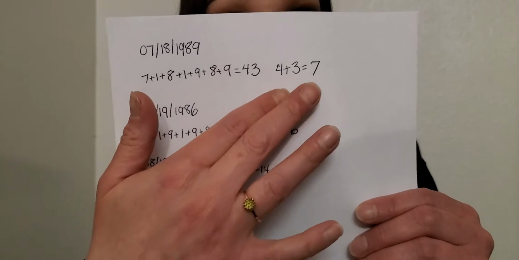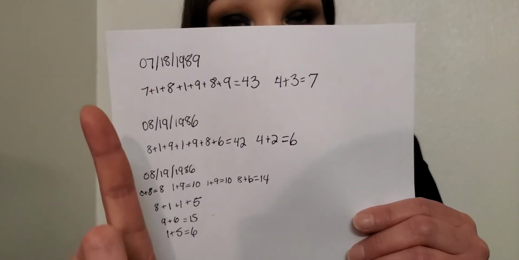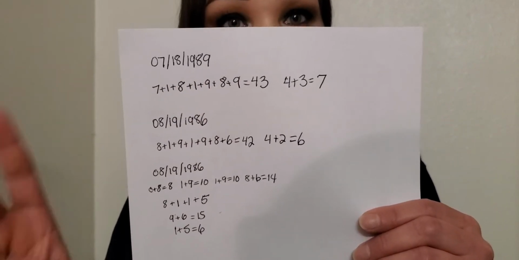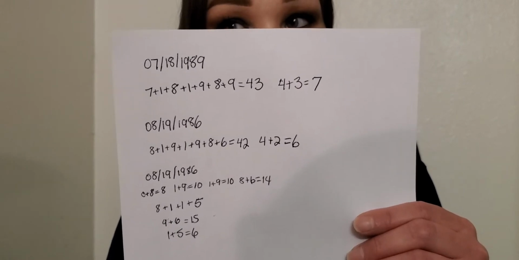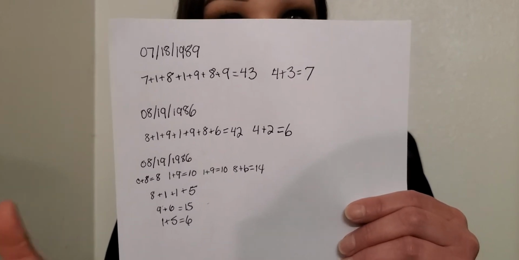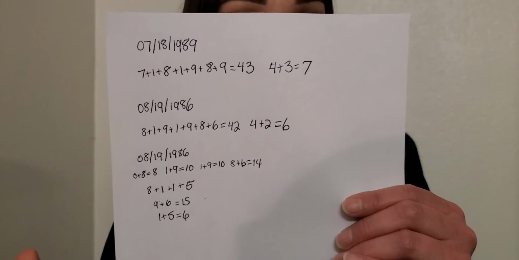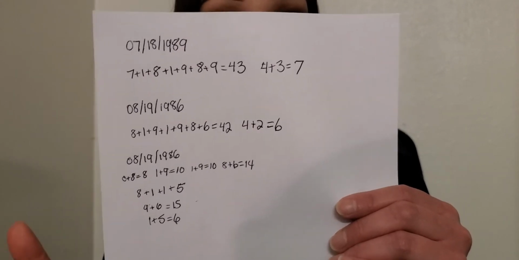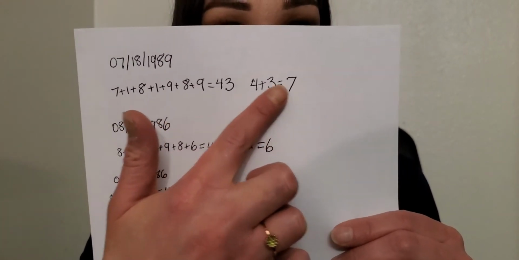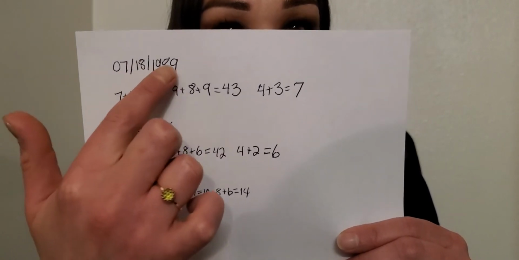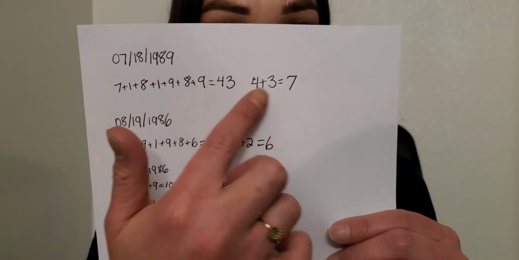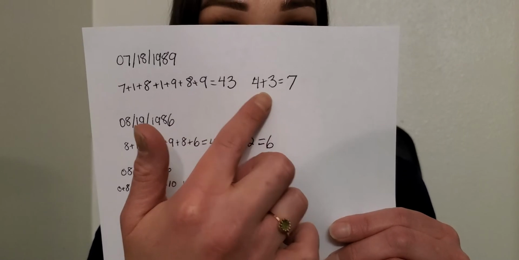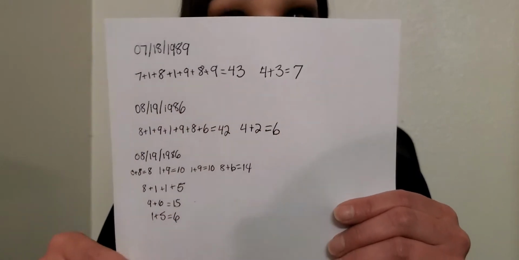And you keep breaking it down until you get one number, or if you get 11, 22, and 33, then you do not break it down any further. Those are master numbers. You keep them as they are. So this life path number here for this date of birth would be 7, because I broke down the 43. 4 plus 3 equals 7.